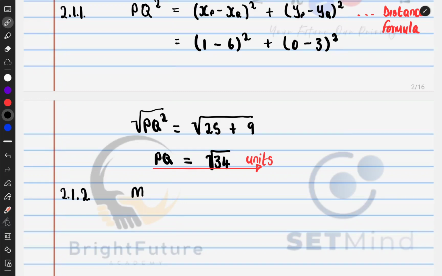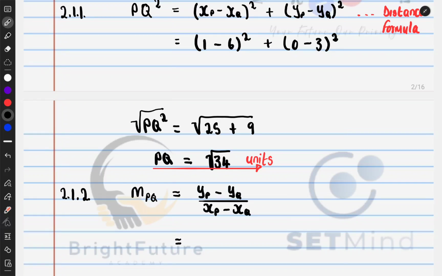2.1.2. So MPQ, in other words, the gradient of PQ, is going to be equal to, remember that the gradient formula is y2 minus y1 over x2 minus x1. In this case, we're going to have yp minus yq over xp minus xq.